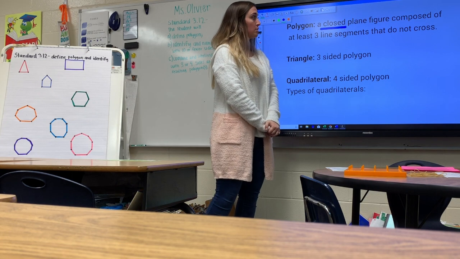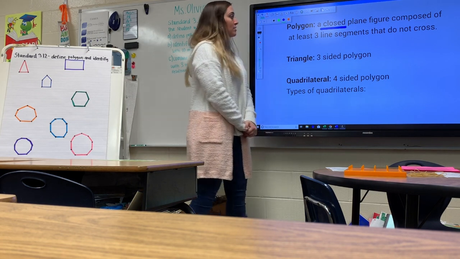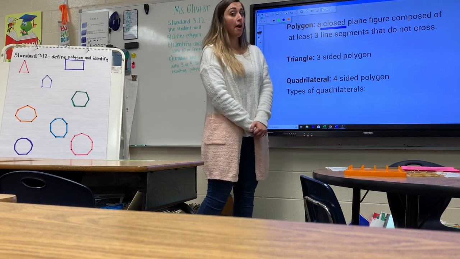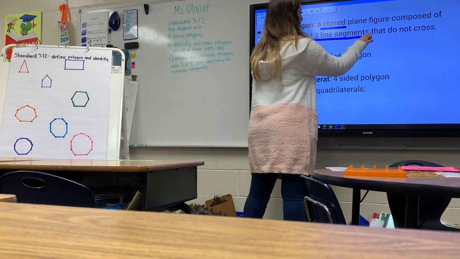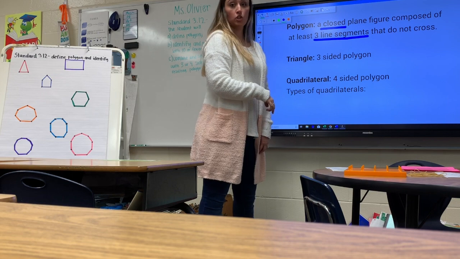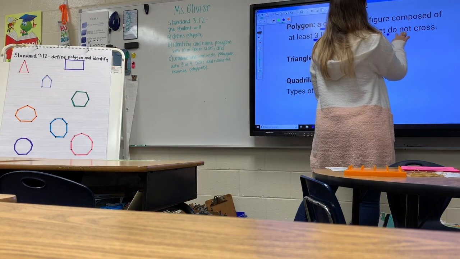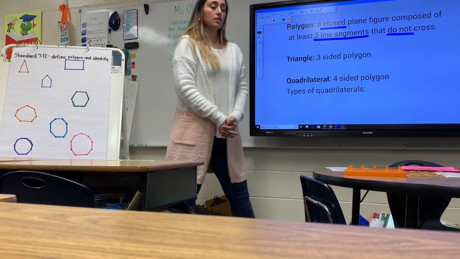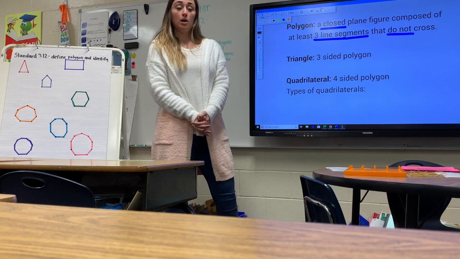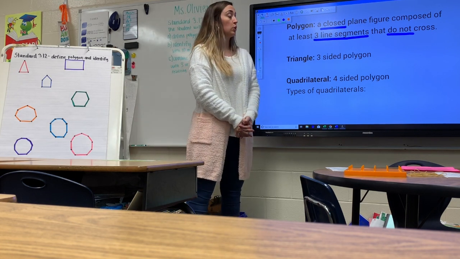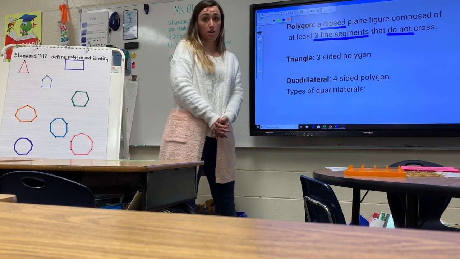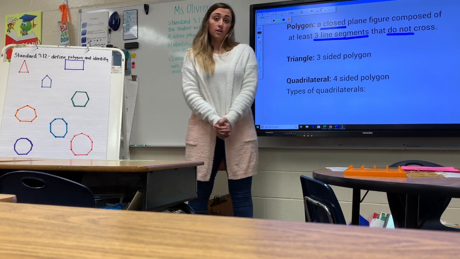It is a closed plane figure composed of at least how many? 3 line segments that do not cross. So again, a polygon is a closed plane figure composed of at least 3 line segments that do not cross.